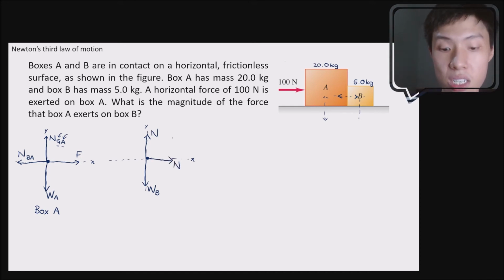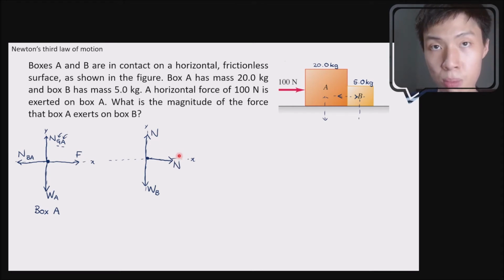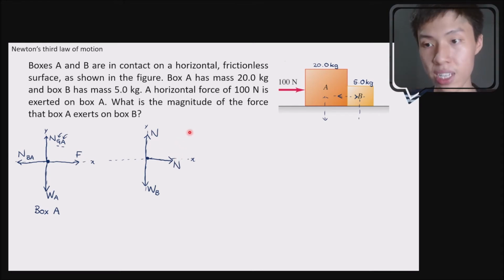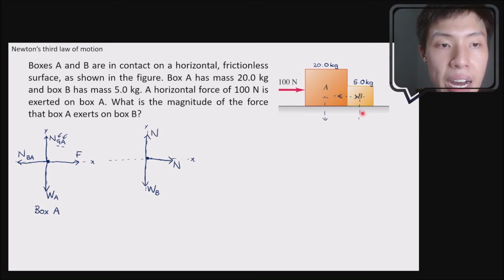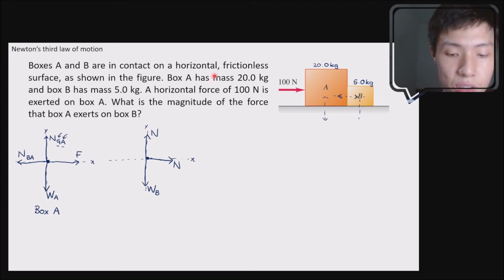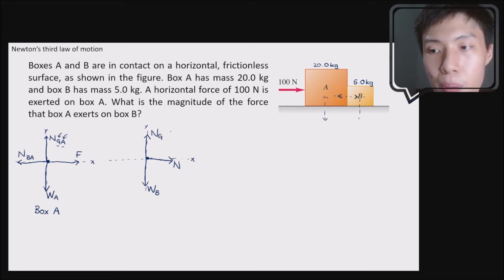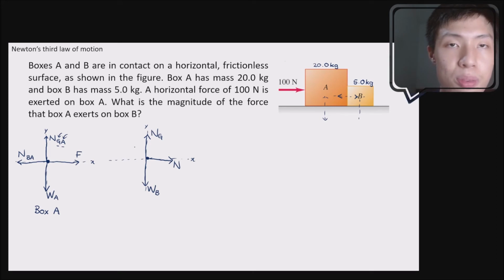So now since these two normal forces have the same symbol, we need to provide subscripts to state things clearly. So for this one, this is exerted by the floor on box B. The floor is the one exerting the force. The box B here is experiencing the force. So this one will be by the ground. Okay, previously it's called floor, but since you don't want to mess up the F, there's an F inside the free body diagram already.